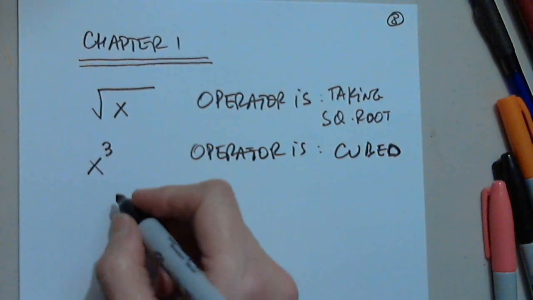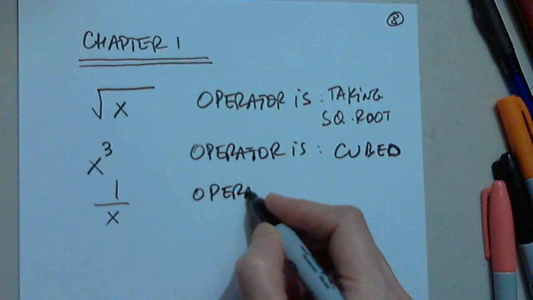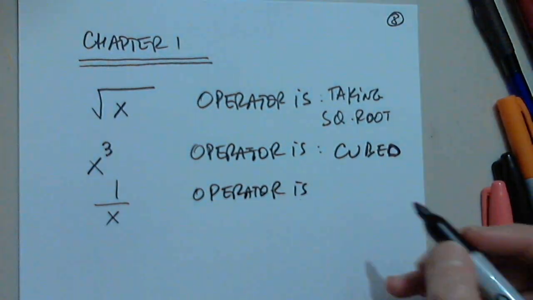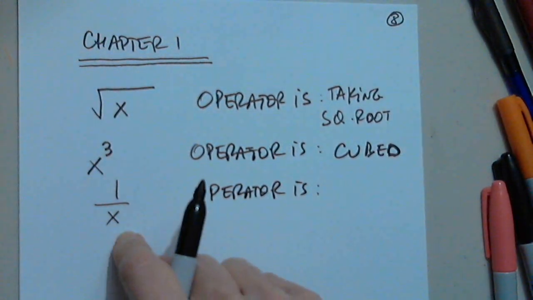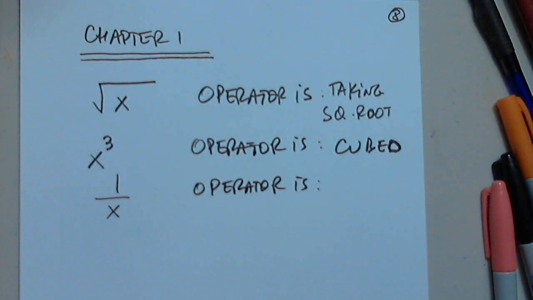Perfect. What about here? What is the operator now? What am I doing to x? If x is 5, what am I going to do to 5? Negative 1/2 will be the square root, 1 over the square root of x.